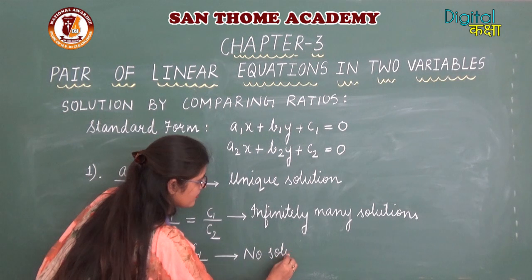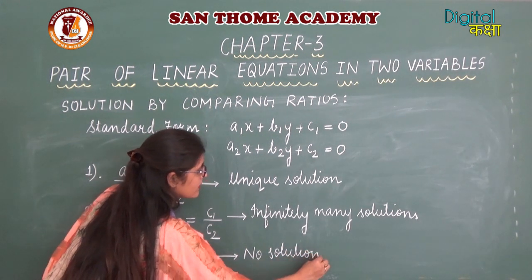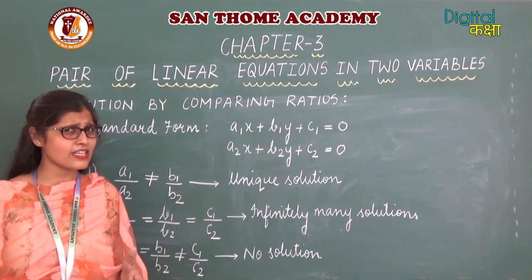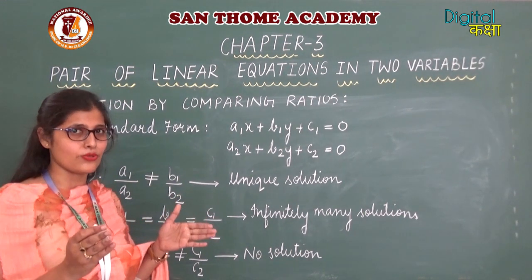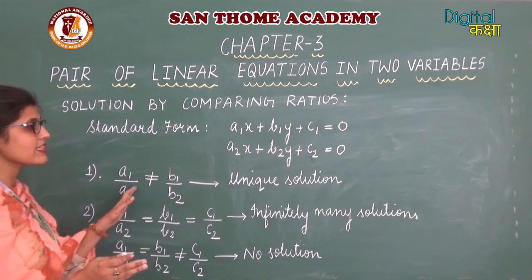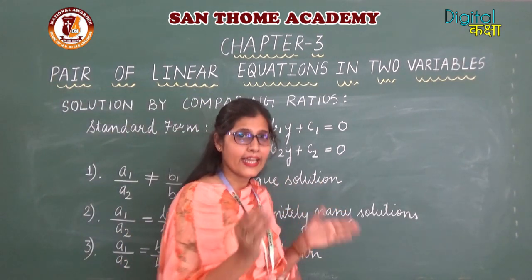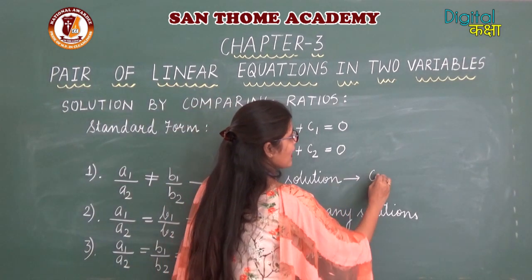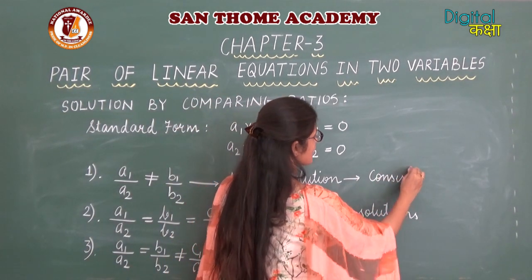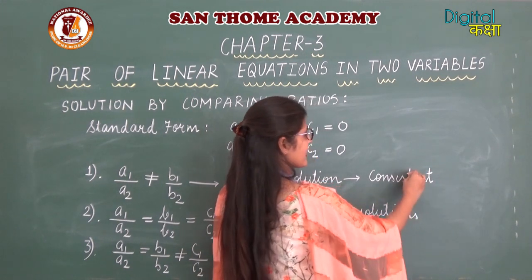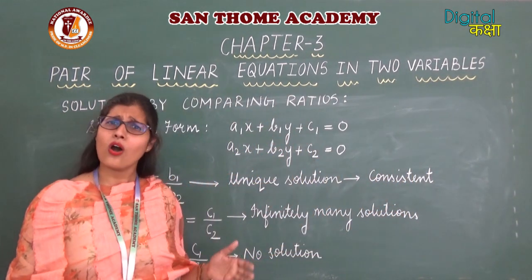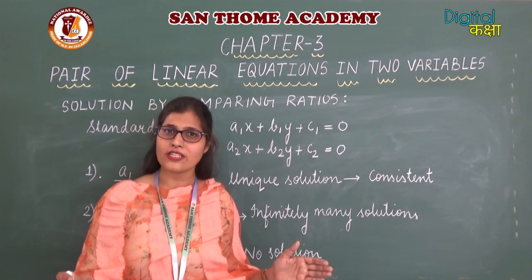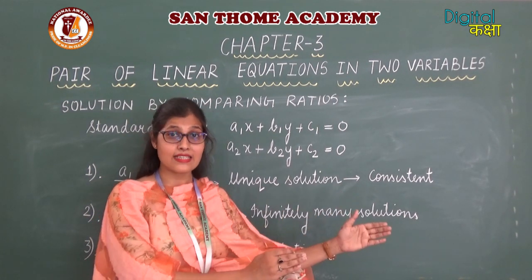No solution. Now, we have to check whether it will give us a consistent or inconsistent solution. So, if we are getting a unique solution, then the pair of linear equations will be consistent. We have already discussed that either you are getting a single solution or you are getting many solutions, the pair of linear equations will be consistent.